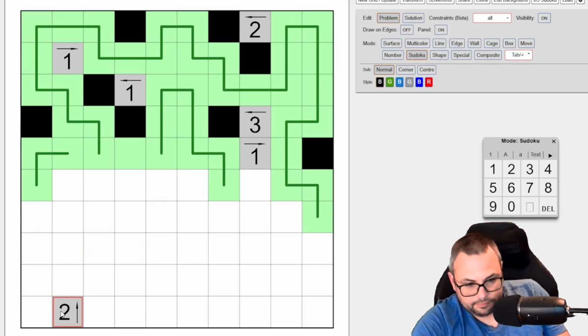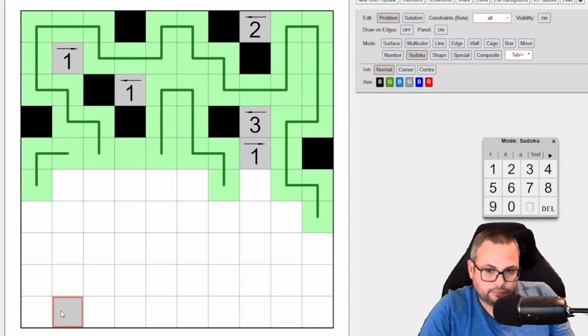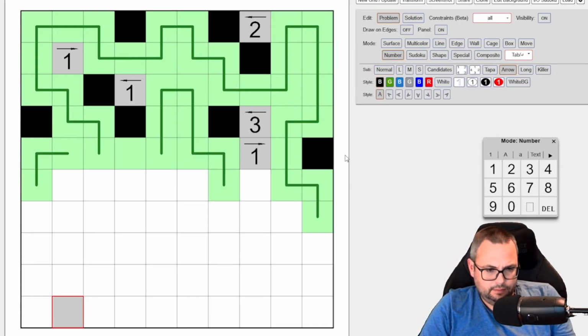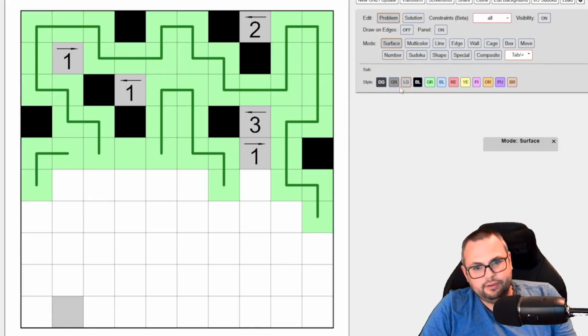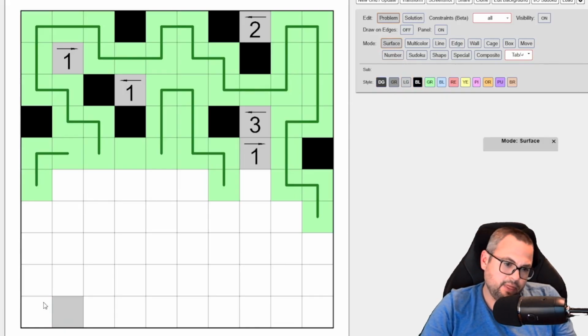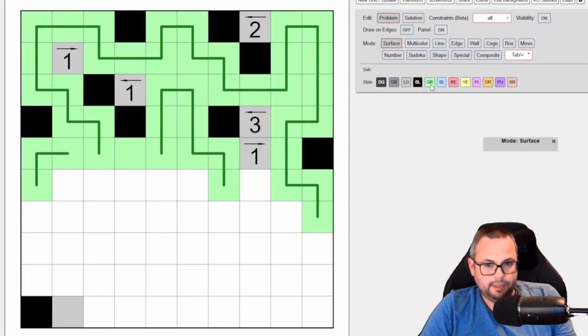So the thing is, as soon as I put a clue there, this automatically becomes black, which makes this green.